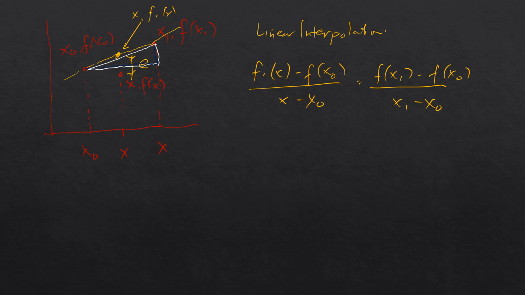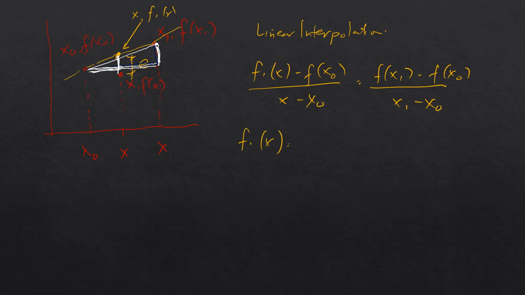So by similar triangles, f1 of x minus f of x0 is to x minus x0 as f of x1 minus f of x0 is to x1 minus x0. So we can solve for f1 of x.